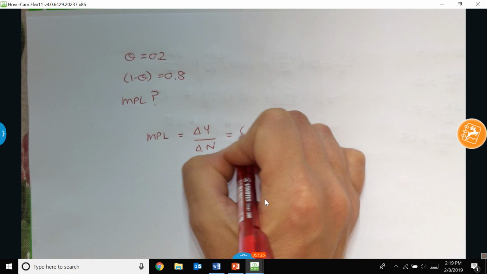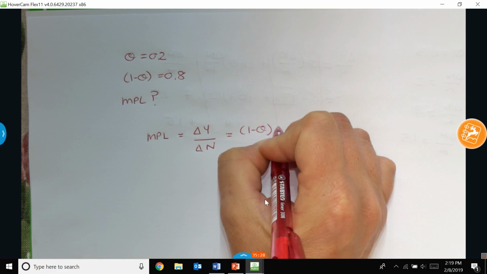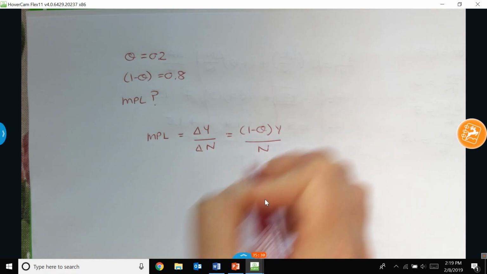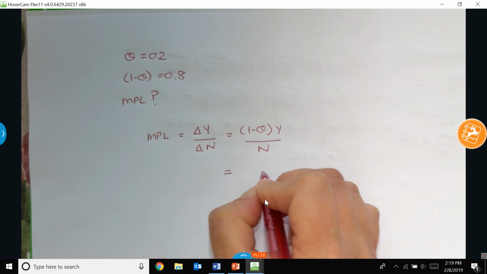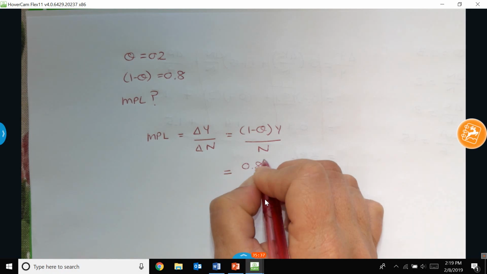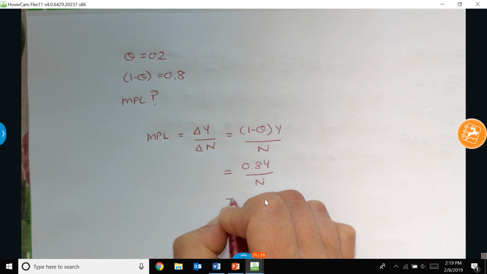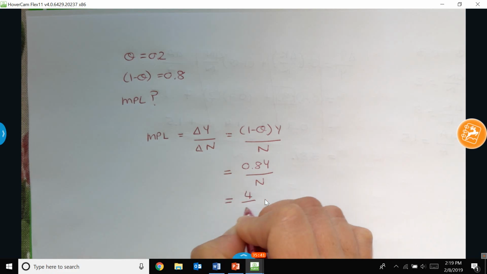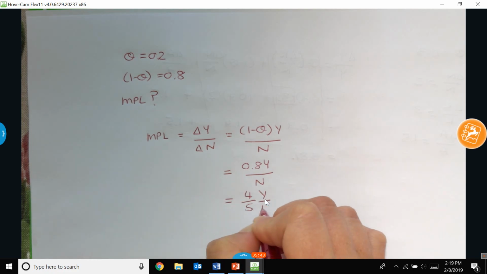And that's equal to (1 minus theta) Y over N. So this one's really quite easy, okay, because 1 minus theta is 0.8, so Y over N, which is equal to 4/5 Y over N.